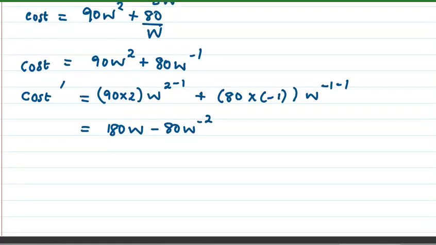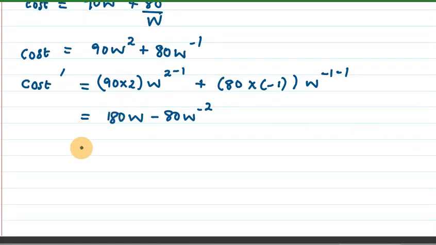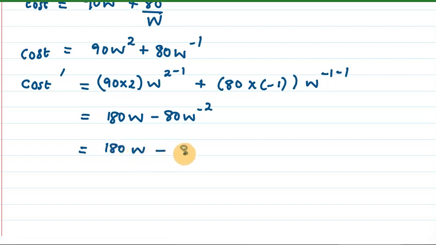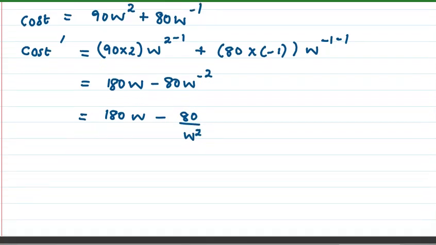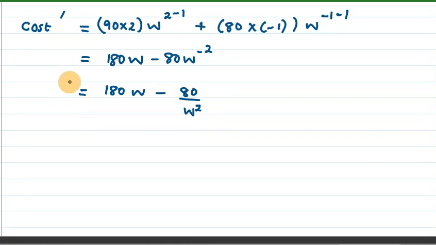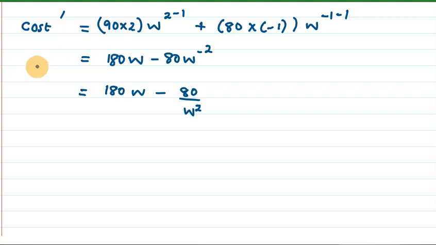Okay, we are almost there. It's 180 W minus 80 over W squared. Okay, you know that the differentiation at a minimum or at a maximum, just a turning point, is equated to 0.